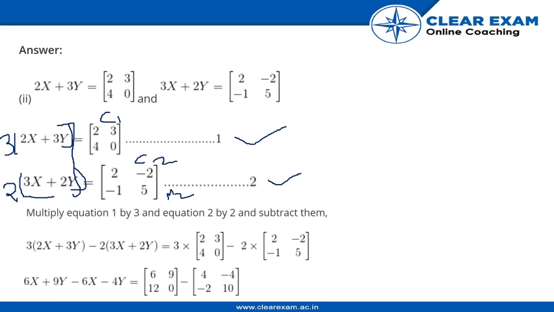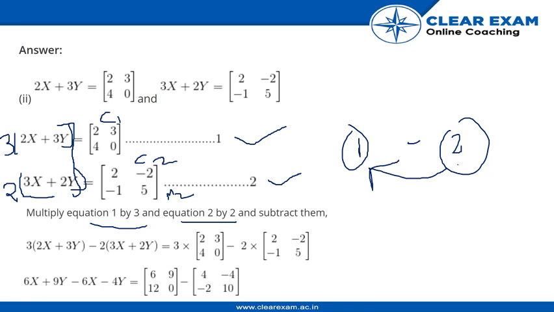So let us see. They have multiplied equation 1 by 3 and equation 2 by 2, and then they have subtracted 2 from 1. So we now get 3 into (2x plus 3y) minus 2 into (3x plus 2y) is equal to 3 into the first matrix, the first constant, minus 2 into the second matrix or second constant.